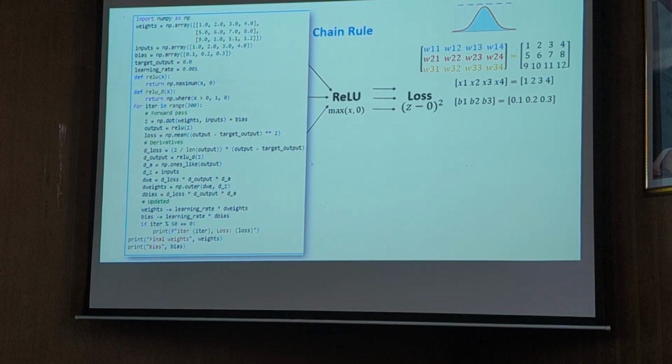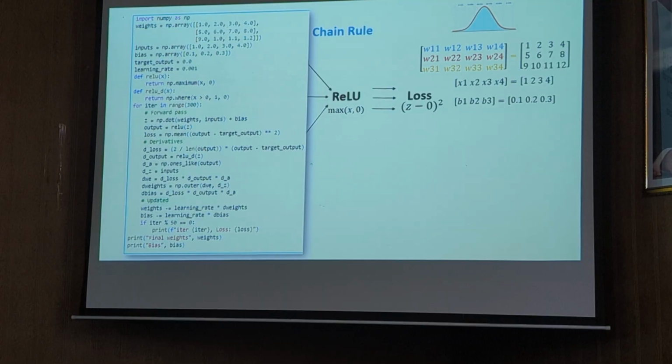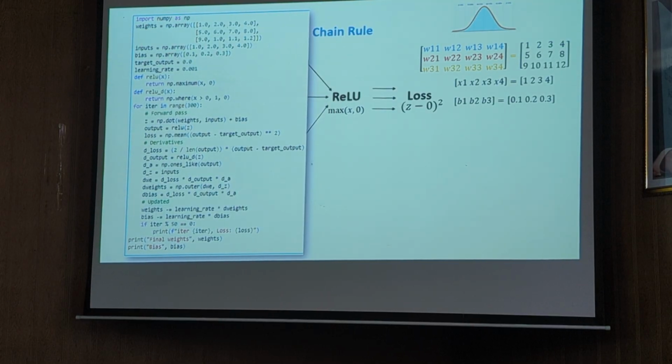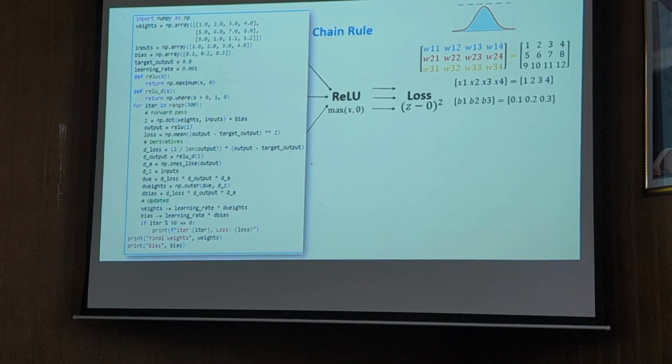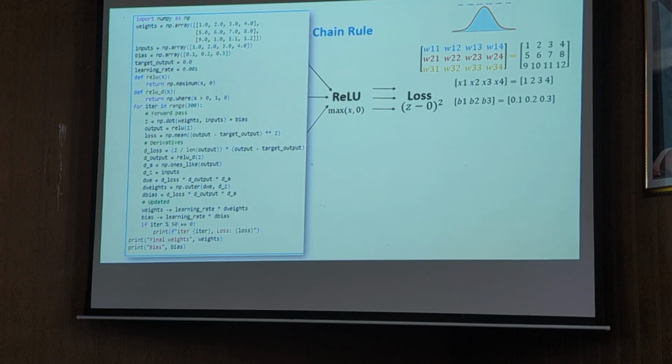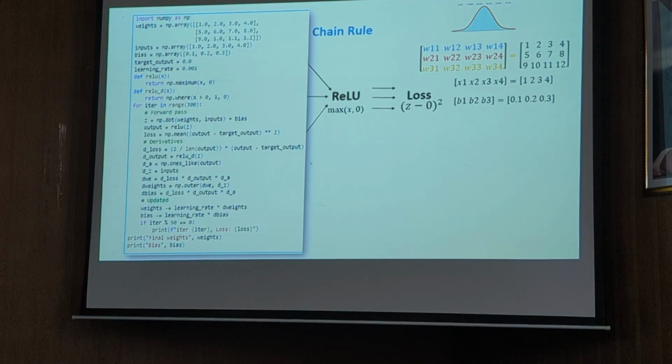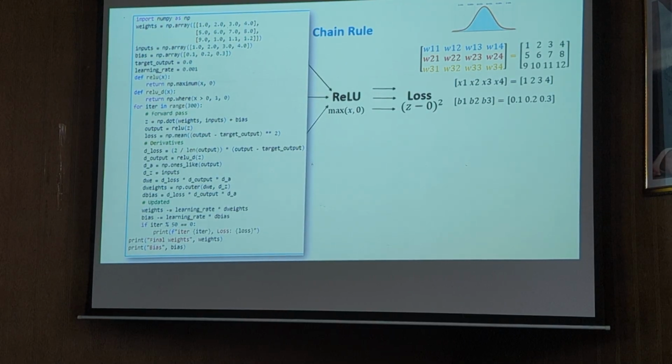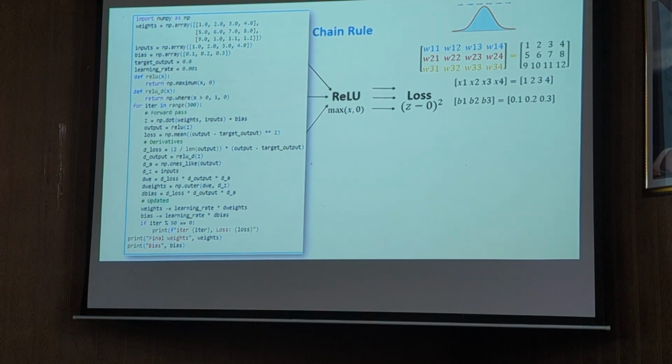Bias is this vector, initially b1, b2, b3. When at the final stage you find the derivative with respect to bias, the derivative ds over db is exactly 1 1 1. That's why I use that vector 1 1 1.